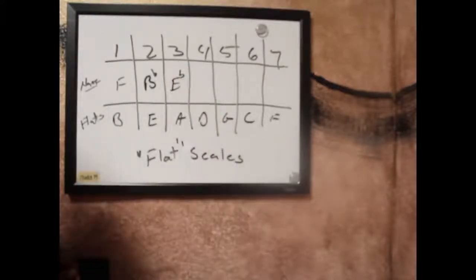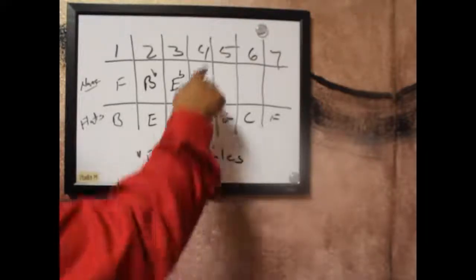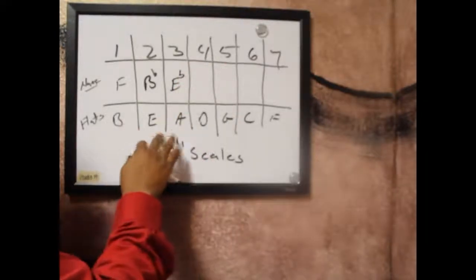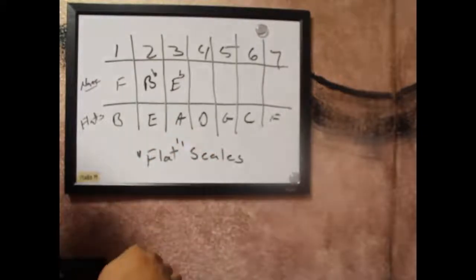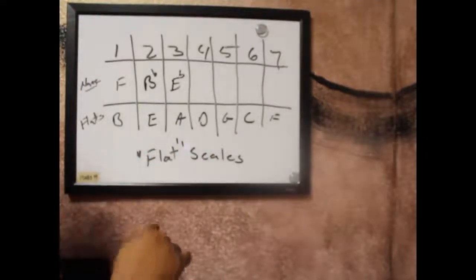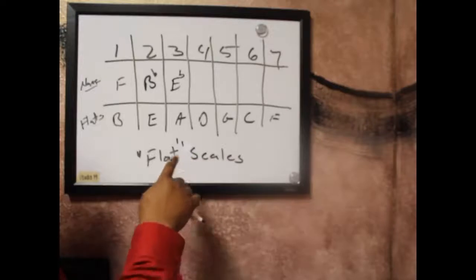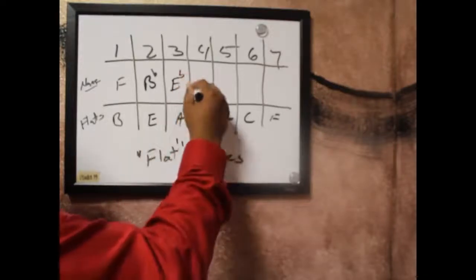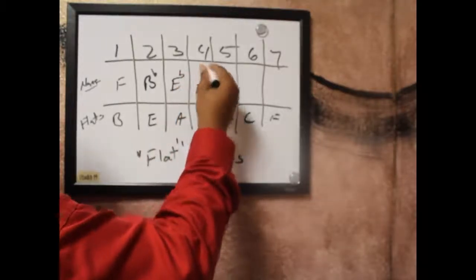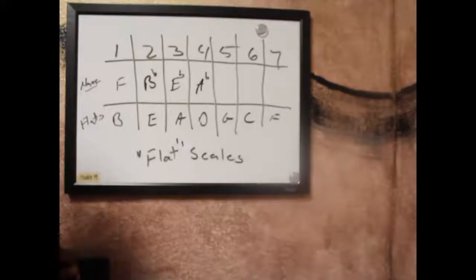Are you noticing a pattern? I'll do one more to see if you notice the pattern. The next scale has four flats, B flat, E flat, A flat, and D flat. And the name of that scale is A flat. You have got to see the pattern by now, don't you?